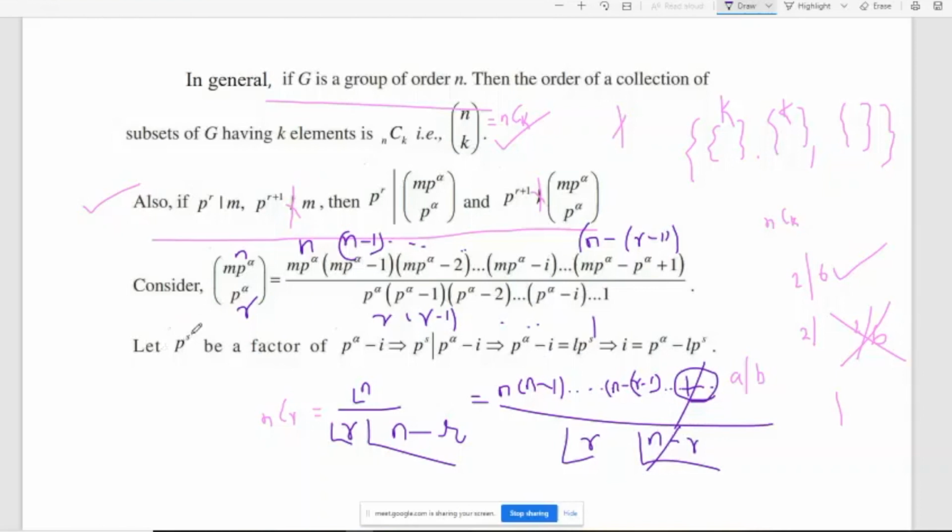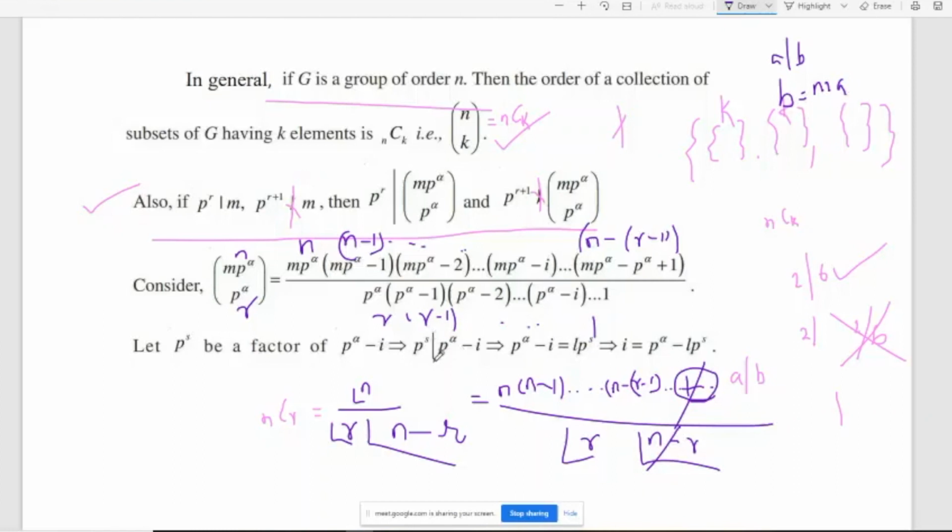So suppose p power s divides p power alpha minus i. Then, you know this, a divides b means b is written as an integer times a. That is known to you already. So using that I can write p power alpha minus i as some integer times p power s.